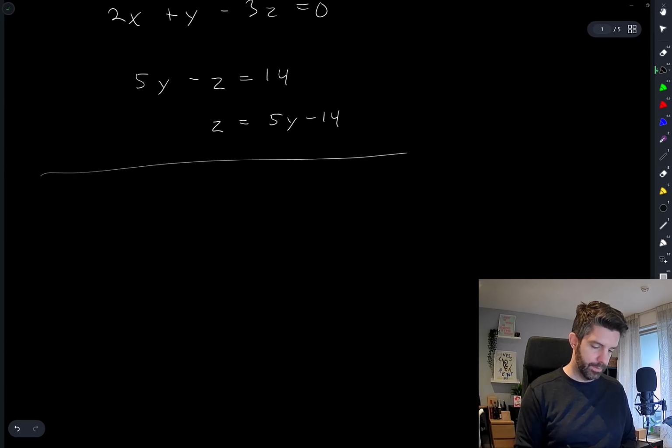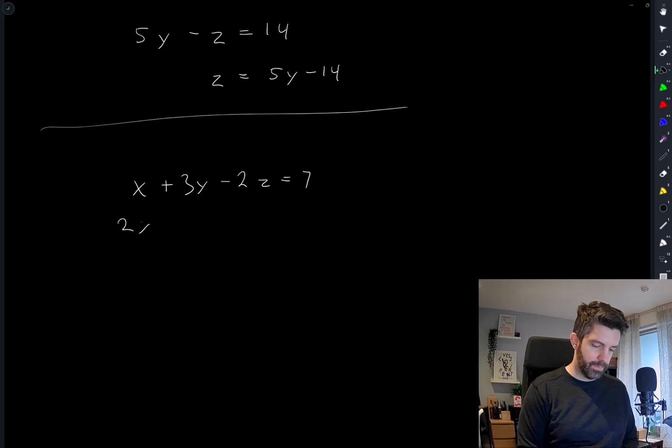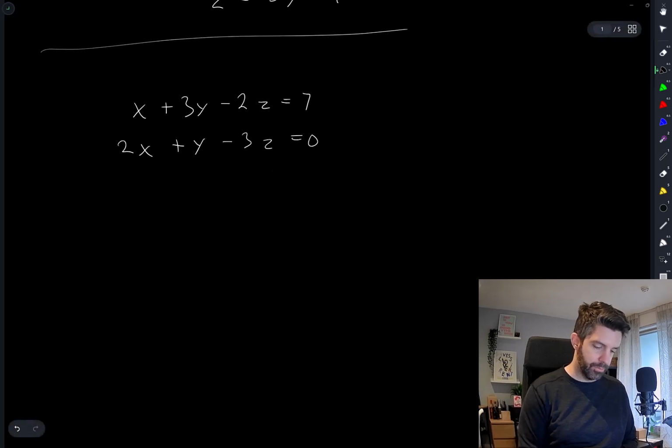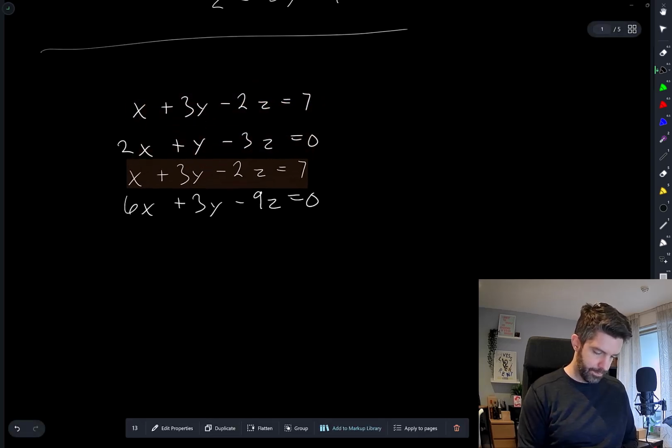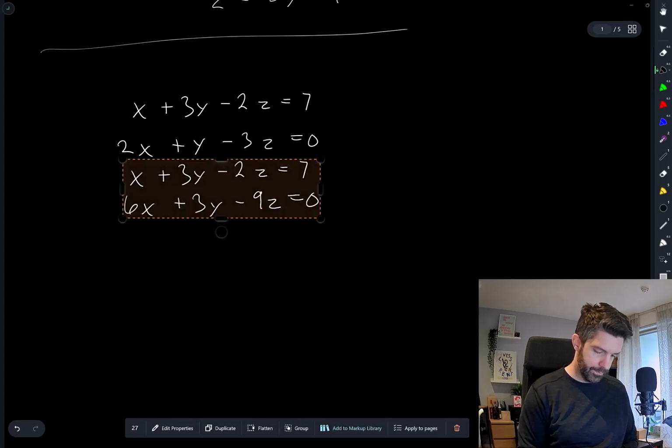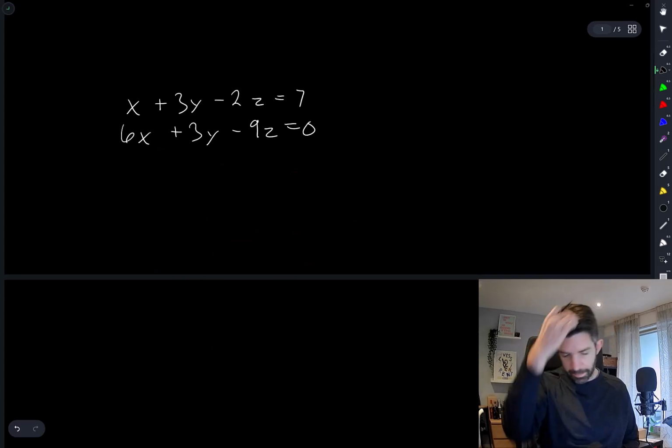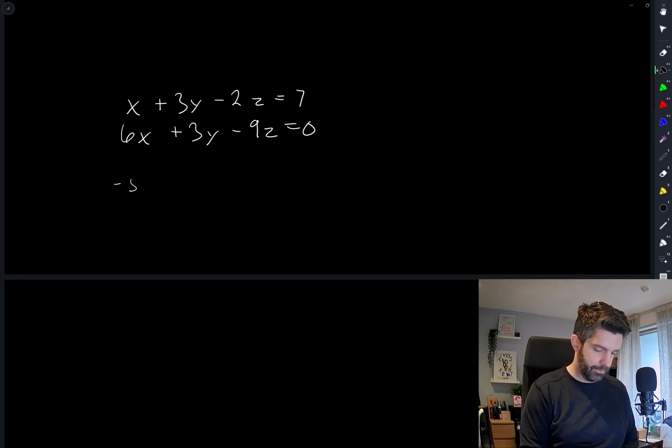Okay, so I'm going to take the first expression, x plus 3y minus 2z is equal to 7, and 2x plus y minus 3z equals 0. I'm going to multiply the bottom line by 3. 6x plus 3y minus 9z equals 0. And let's take the top line minus the bottom line. Negative 5x plus 7z is equal to 7.